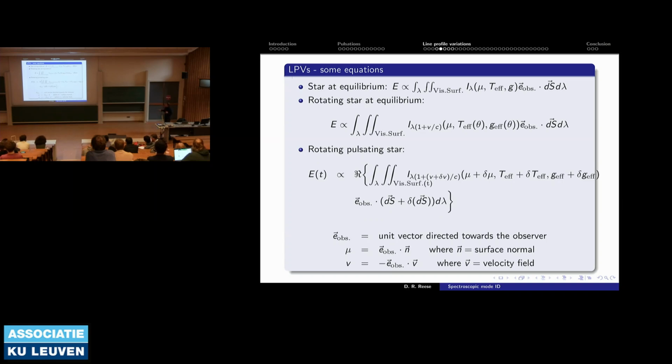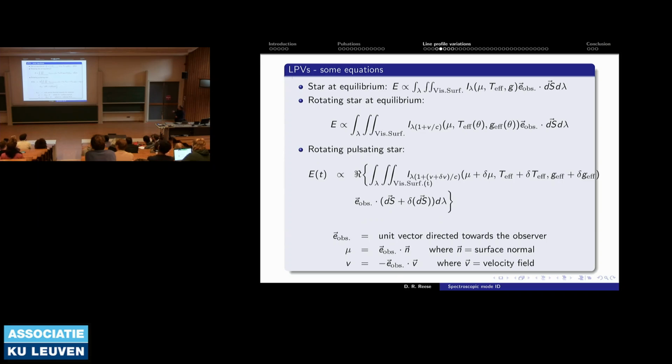That's given right here. And then you have the effective temperature and the gravity at the surface. Then you have to take the dot product between the unit vector that points towards the observer and the surface elements. And then you integrate over all of this. Okay? So this is for a non-rotating star at equilibrium.